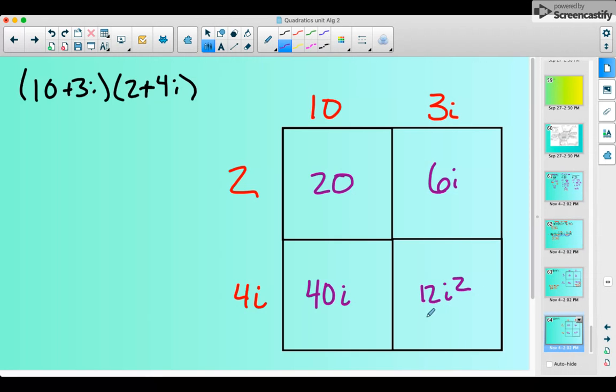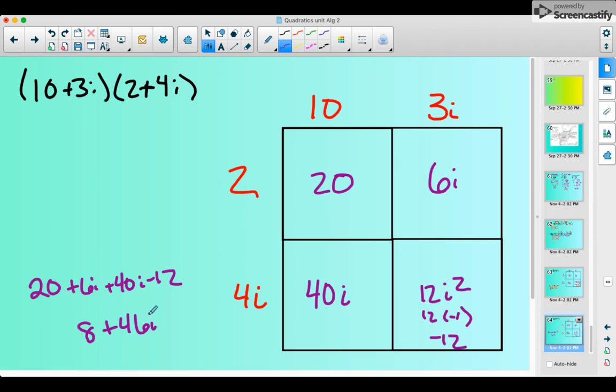Now, i squared is negative 1, so this is 12 times negative 1, or negative 12. So my solution: 20 plus 6i plus 40i minus 12. Combine my non-i pieces, combine my i pieces, and I get this as a solution.